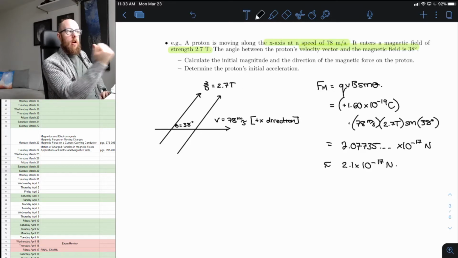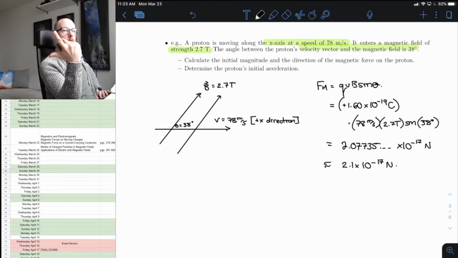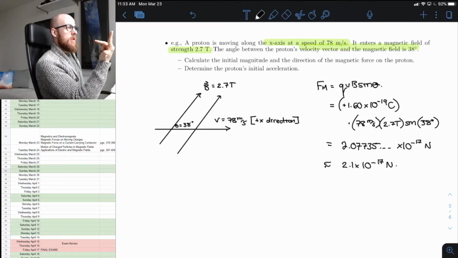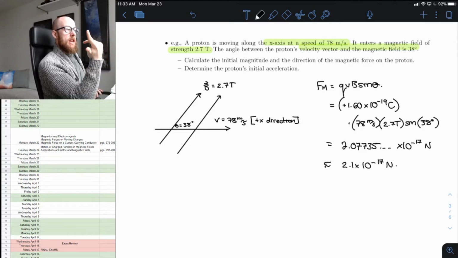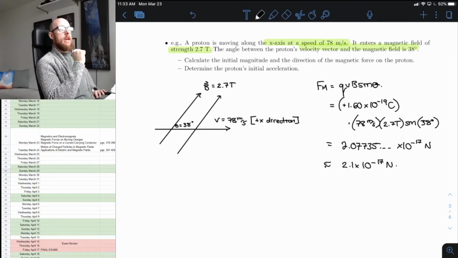So our velocity is pointing to the right. Our magnetic field is pointing at an angle relative to the velocity. Which means our magnetic force, now this is a really hard thing to visualize here. The magnetic force that's being exerted on the proton will actually point out of the page.